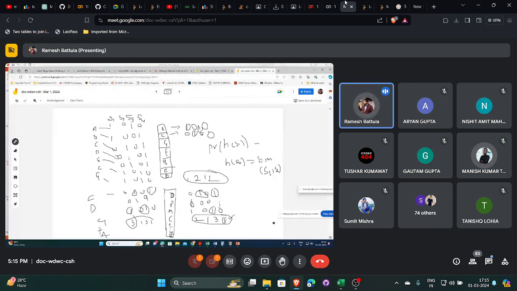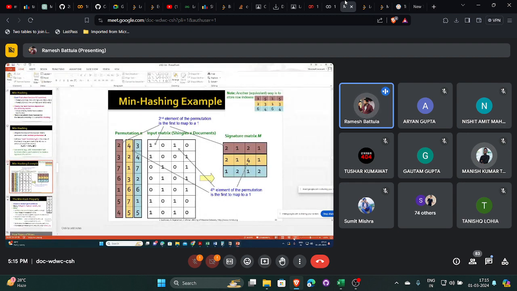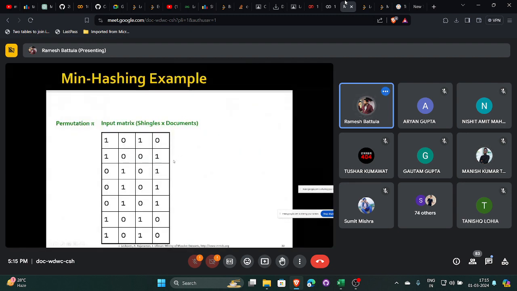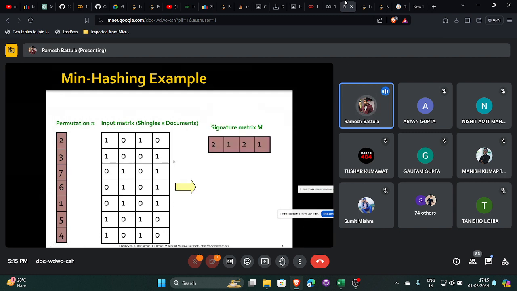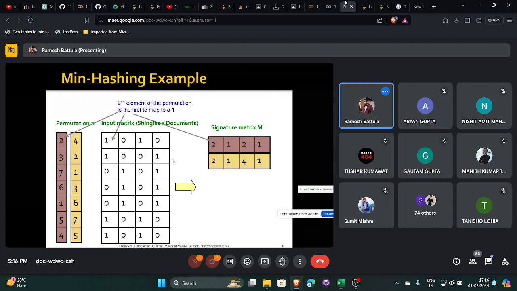So this is what min hashing is about. Suppose you take 3 signatures like that, the same way as in the slides. Here 2 means you take the second values, and 4 means you take the fourth one, and so on.